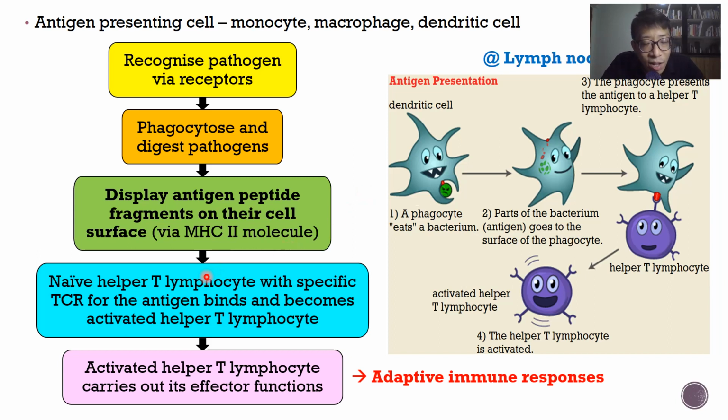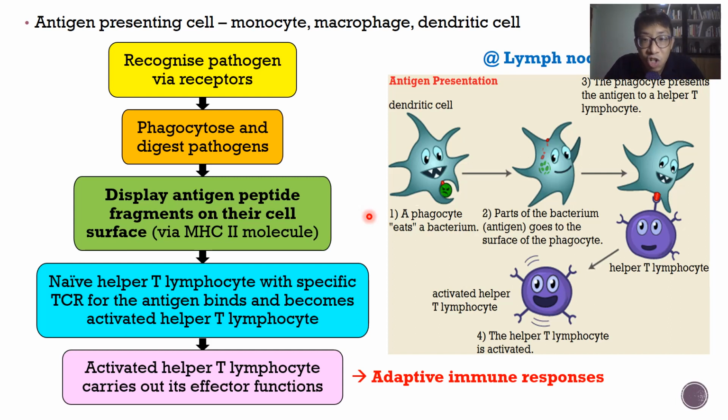You will see me using the word lymphocyte in the slide, but I have used the word cells in the notes, and I will be using the word cells in my own explanation as well. Note that T lymphocytes and B lymphocytes are just T cells and B cells, just different names for the same cells. So I'm going to use these two words interchangeably.